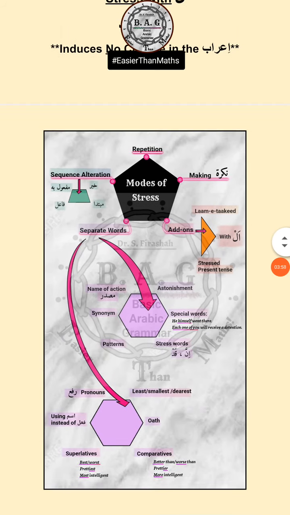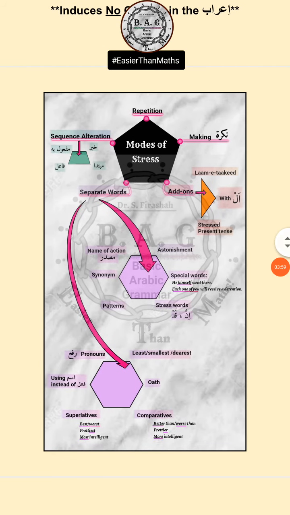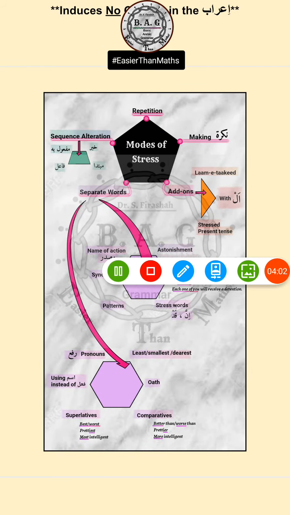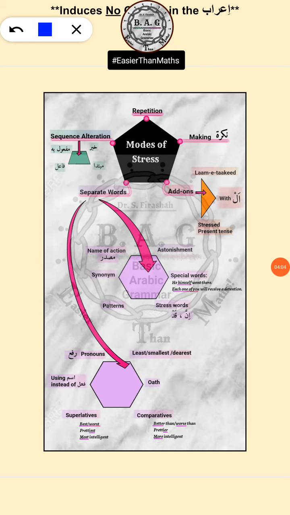Now I love showing this figure in all my lessons, because it boosts up the morale. As you can see, there are 5 basic modes of stress, and out of those we have already done masadir, synonyms, patterns, stress words, comparatives, superlatives, and rafa pronouns. So quite a lot actually.